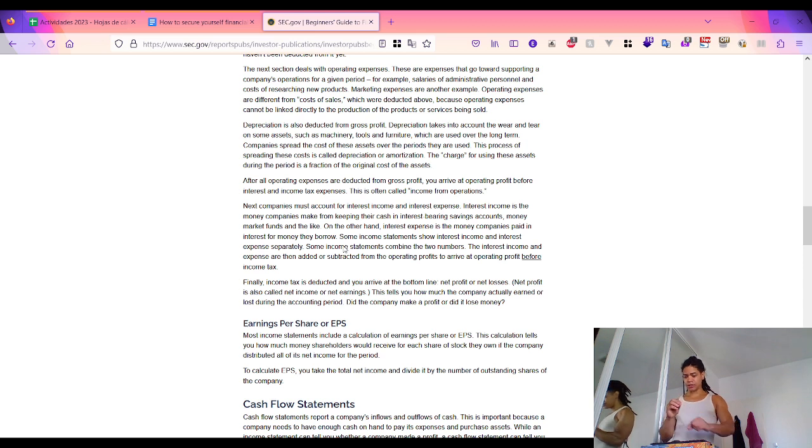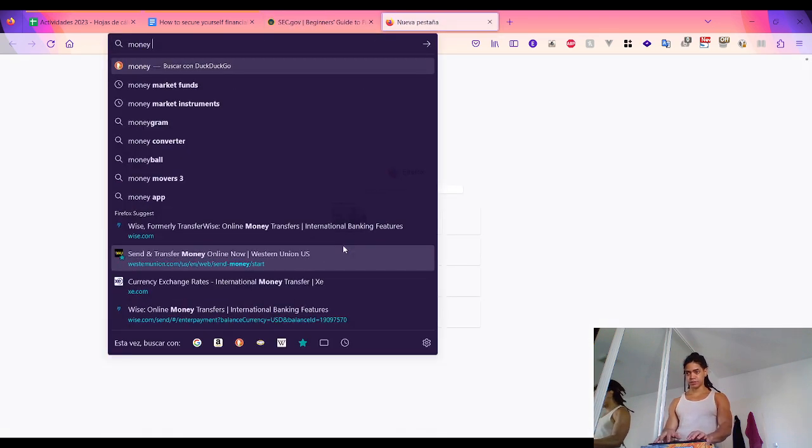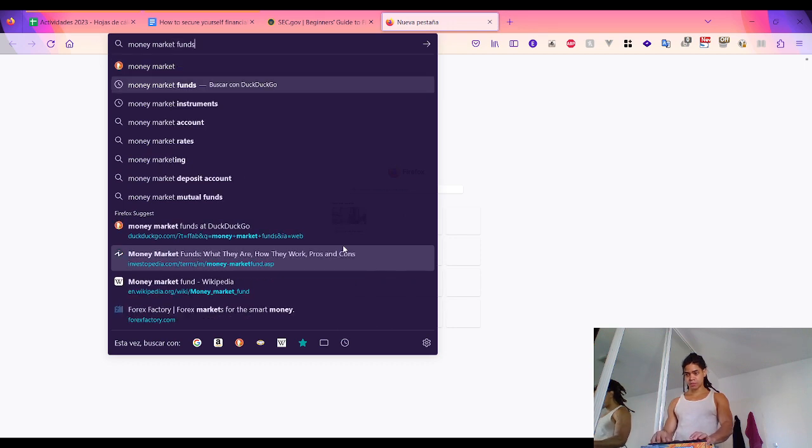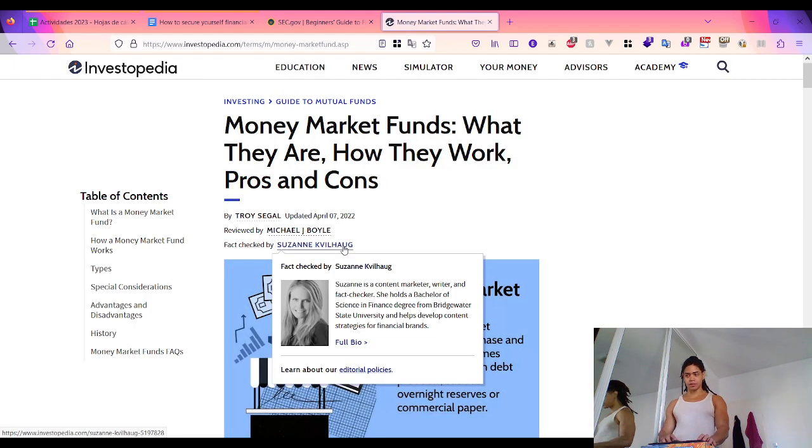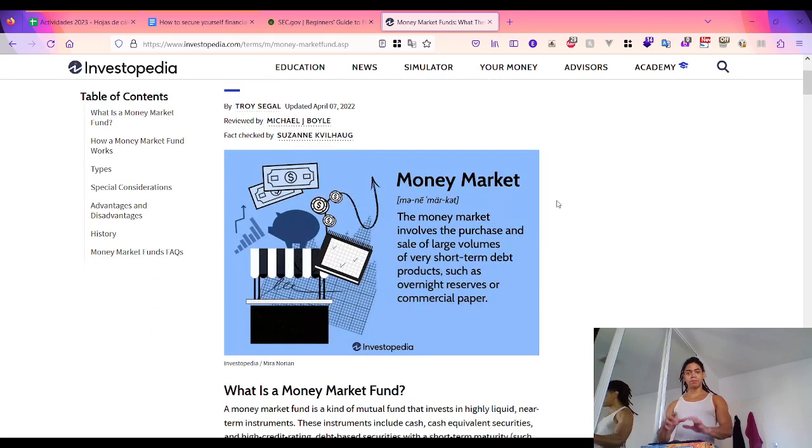Interest income is the amount of money a company makes from keeping their cash in interest bearing saving accounts, money market funds. And money market funds involve the purchase and sales, those two actions, okay.